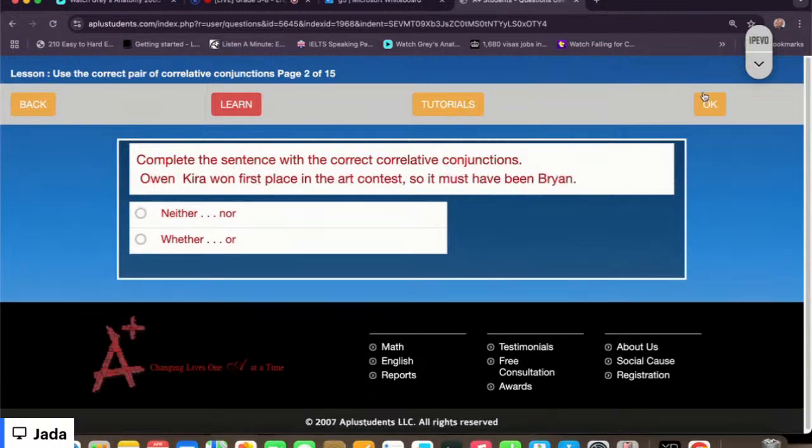Dash Owen dash Kira won first place in the art contest. So it must have been Brian. Neither nor or whether or. What is the right one here?